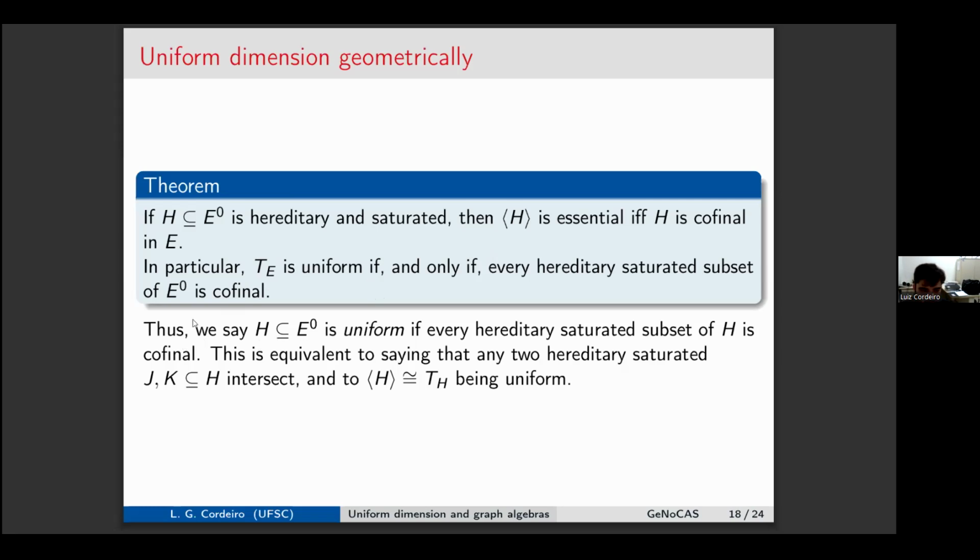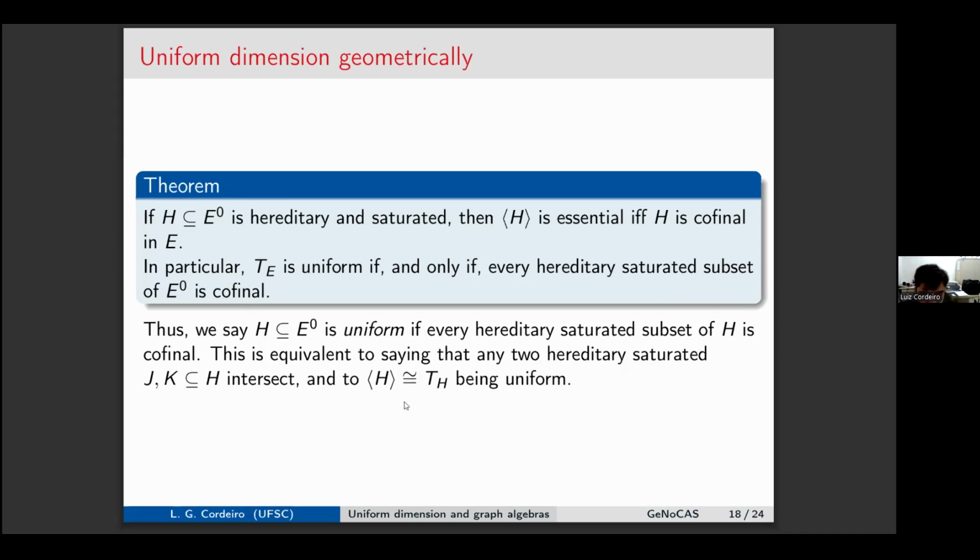And so we say that a hereditary saturated subset H of E0 is uniform if its ideal inside the talented monoid is uniform. That is the same as saying that every hereditary saturated subset of H is cofinal in H. And this last phrase is just a rewording of the uniform property.